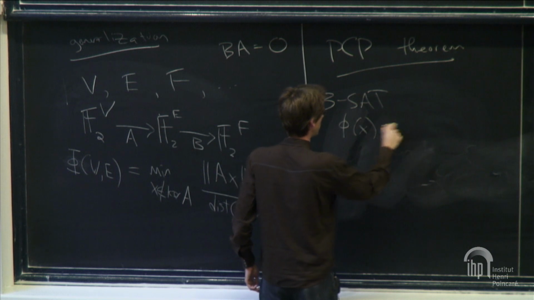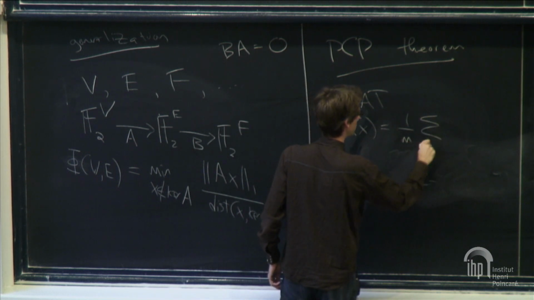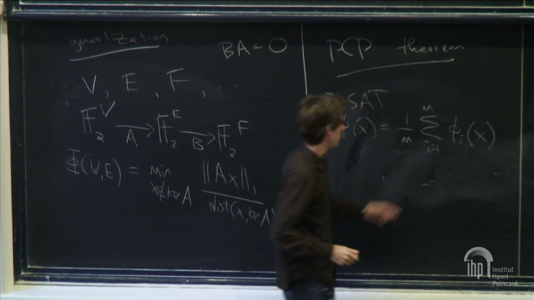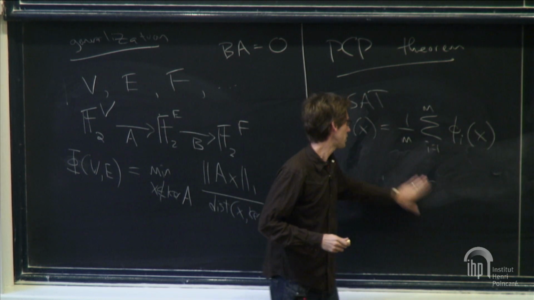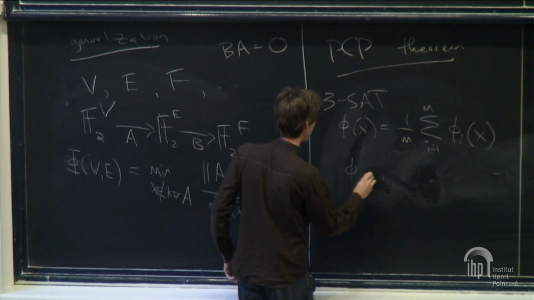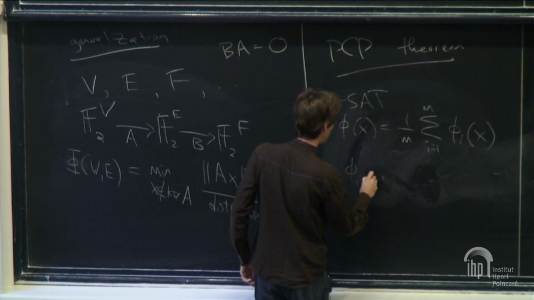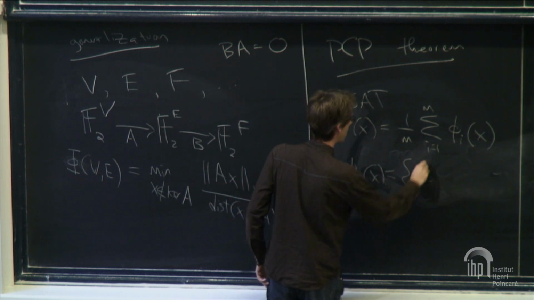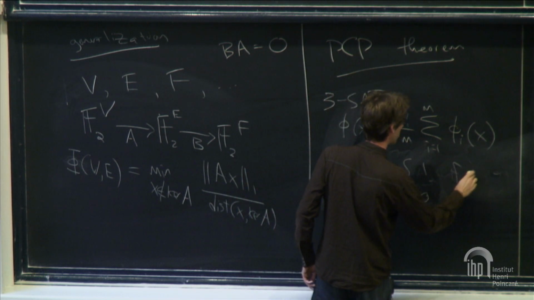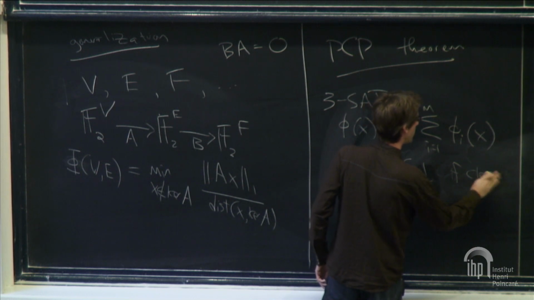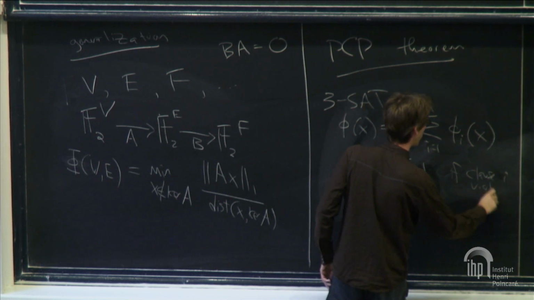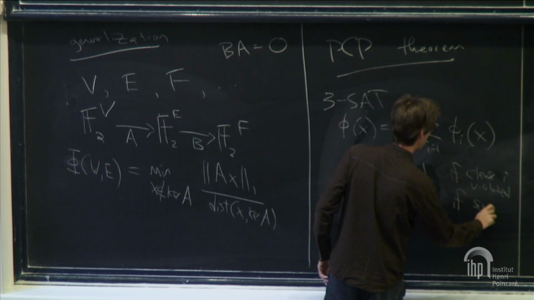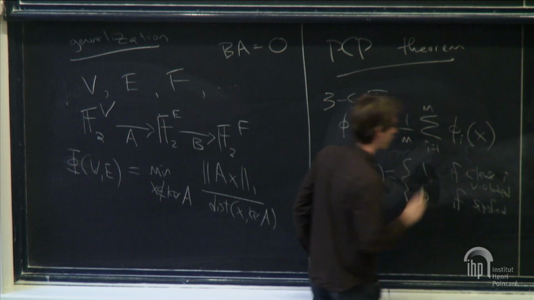Phi of x is 1 over m, an average of phi sub i of x. So each phi sub i is either 1 or 0. It's 1 if clause i is violated, and 0 if satisfied.